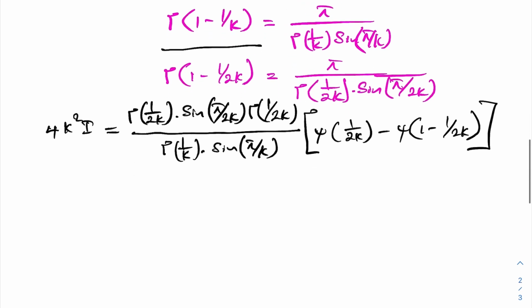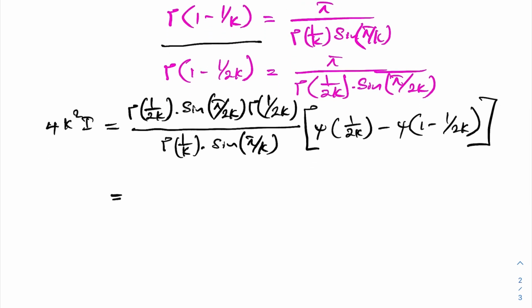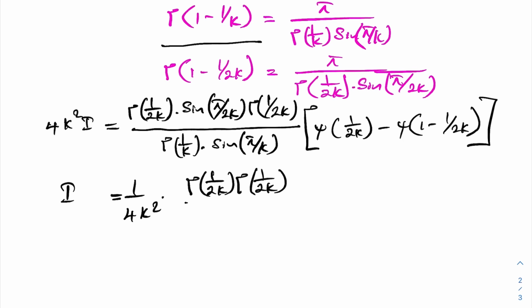let us simplify. I'm going to rearrange this here, we can isolate the I, 1 over 4 times k square. Then here gamma of 1 over 2 times k, gamma of 1 over 2 times k over gamma of 1 over k, gamma of 1 over k.